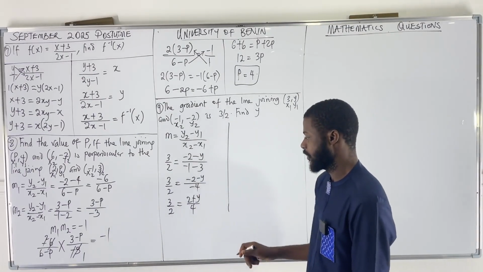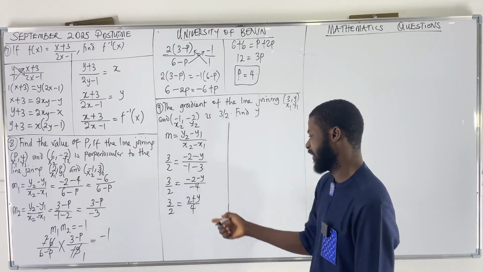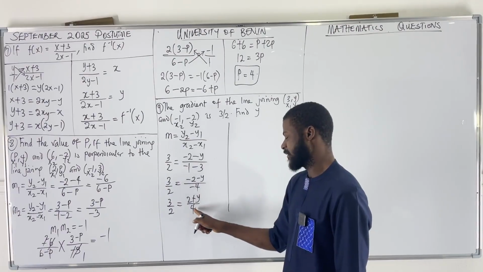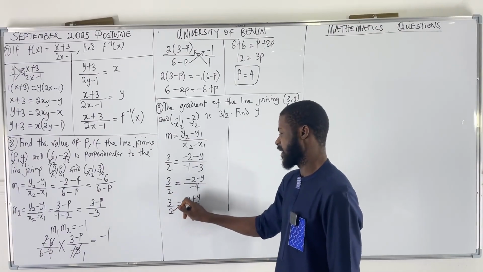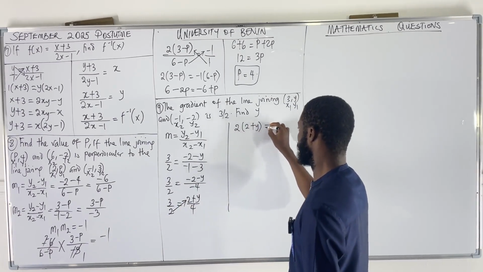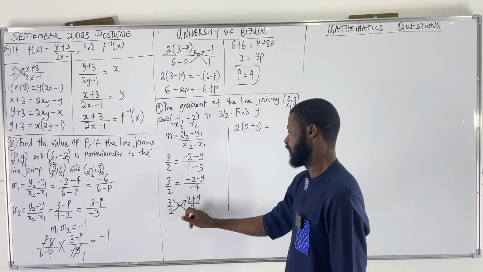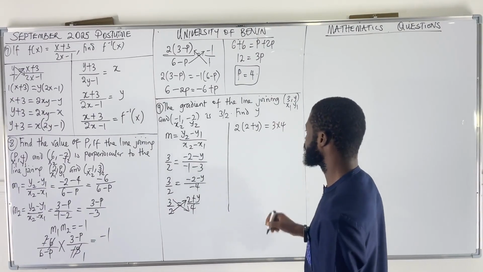So let's cross multiply. This will times this, so that's 2 bracket 2 plus y, equal to 3 times that, so 3 times 4.